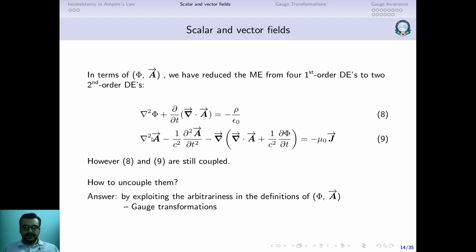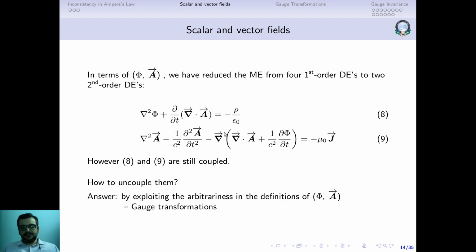That means all the information in Maxwell's equations is contained within these two equations 8 and 9. To know how we obtained this, and how to simplify it and write it in a more elegant form, you can have a look at the first part of this lecture.